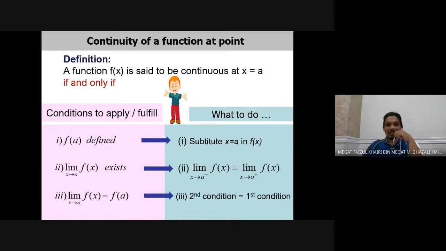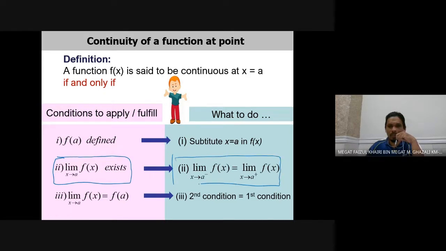Class, we have talked about this in lecture 2. What is the condition for the limit to exist? Can anyone refer to your lecture notes?